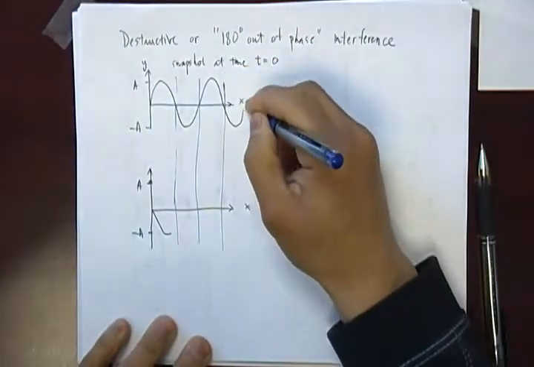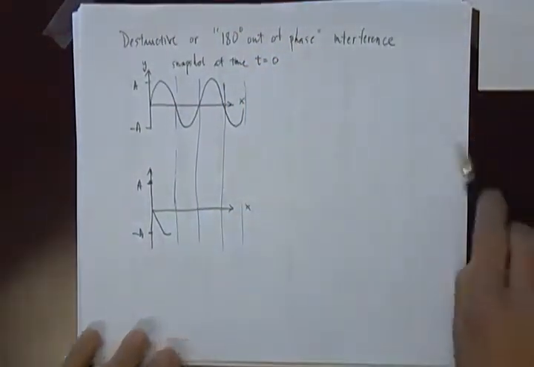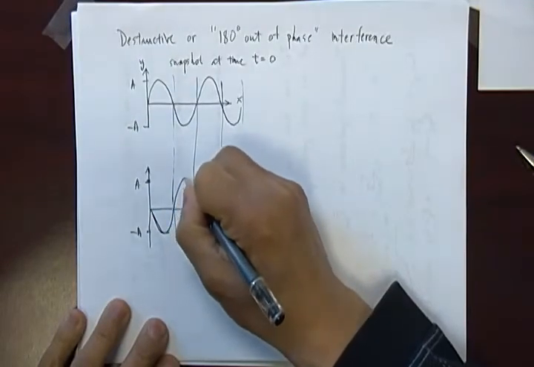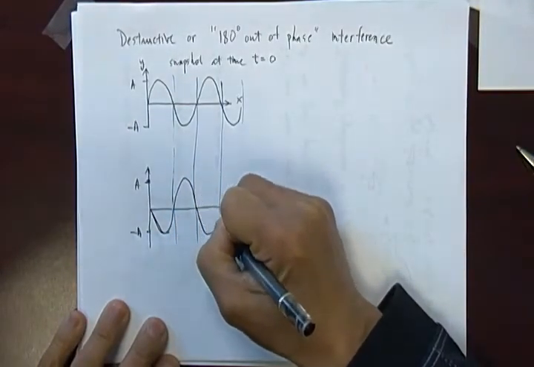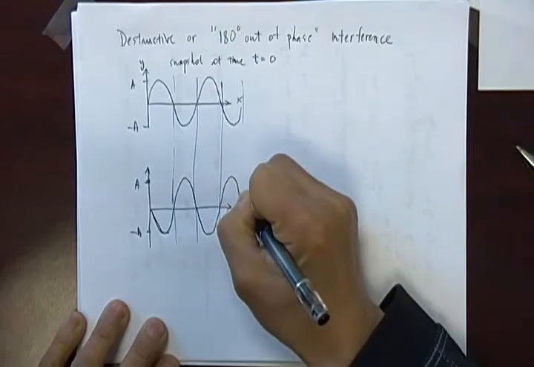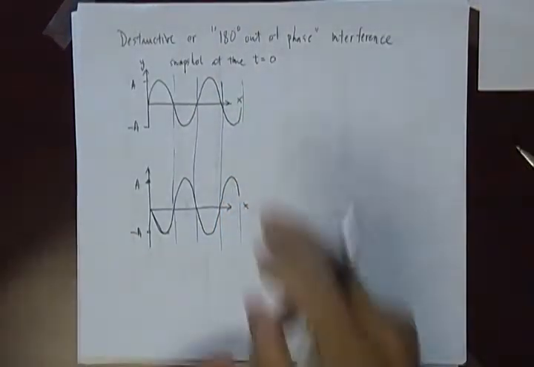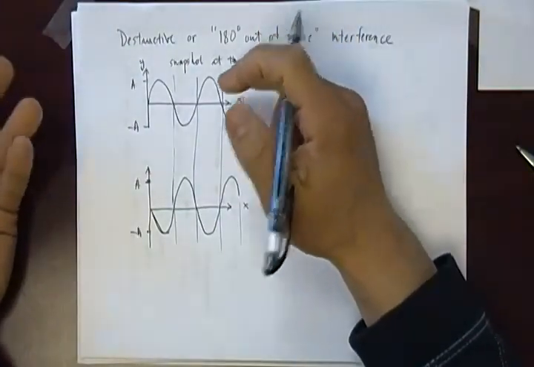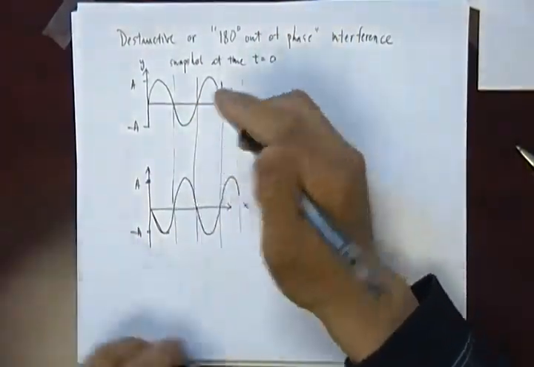So now I will have something like this. Now, shifting by 180 degrees is the same thing as taking the negative of the function.